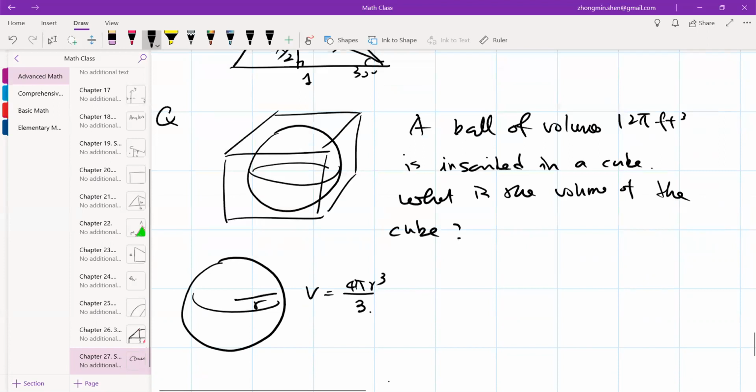Michael says 72. Edward says the answer is 96. Kellen? You don't know.